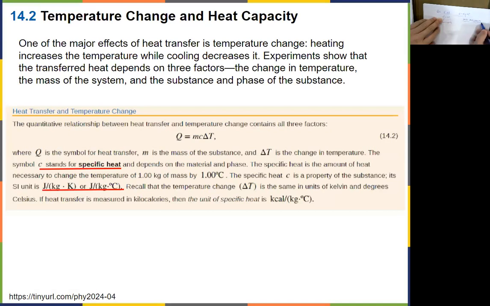Specific heat capacity means heat capacity per kilogram, or per unit mass. So just in case you see a different expression like that, it means it's just heat capacity, and this one is heat capacity per kilogram.